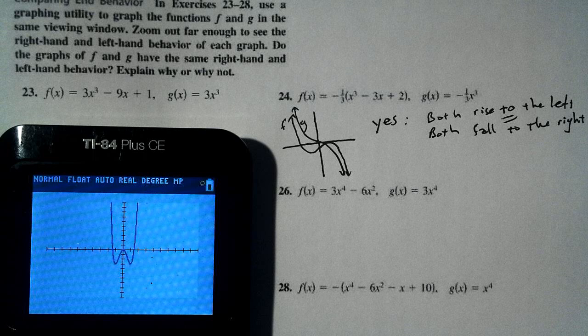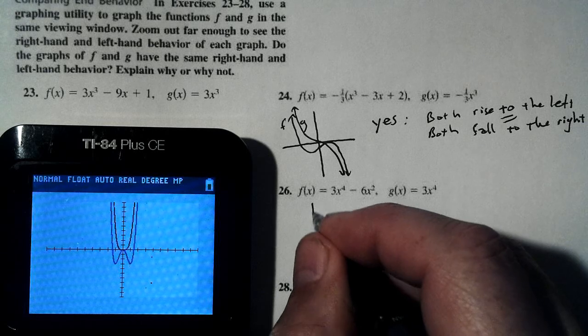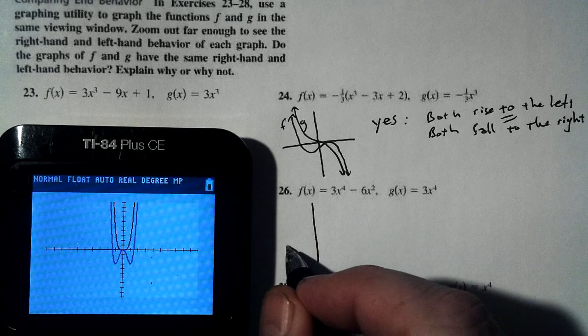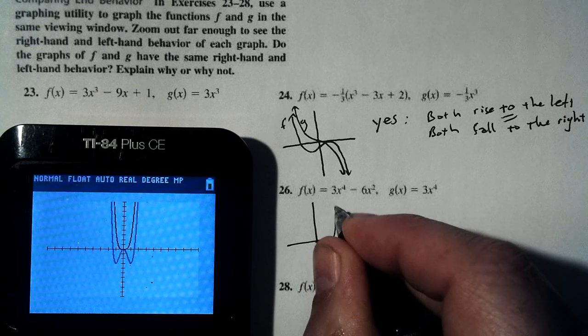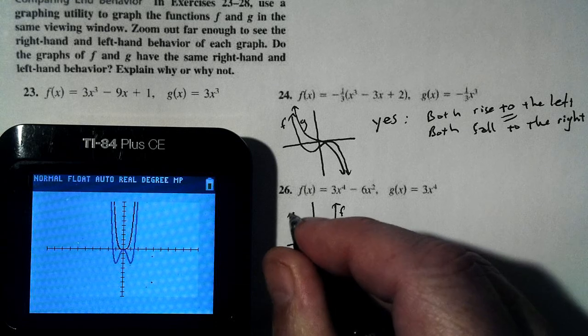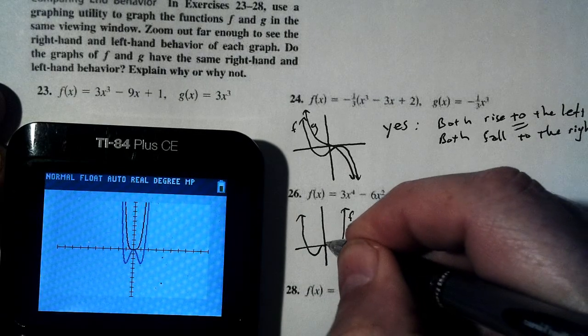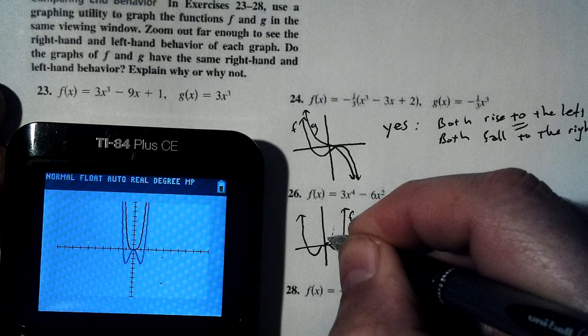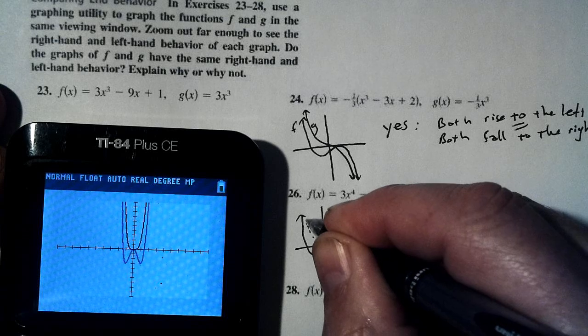Interesting little upside down McDonald's arch kind of thing there, and sort of a parabola looking thing. So our sketch could look something like this. There's F. Looks the same on the other side. In fact, we could make a pretty good argument. Maybe I'll make the second one dotted, since I don't have blue and red pens with me.